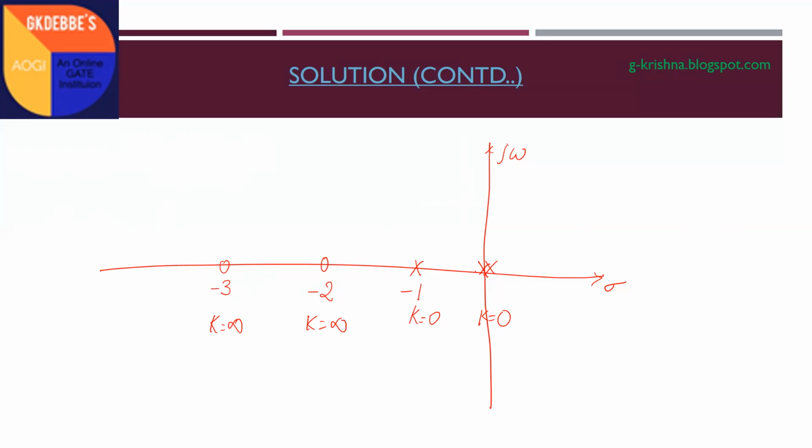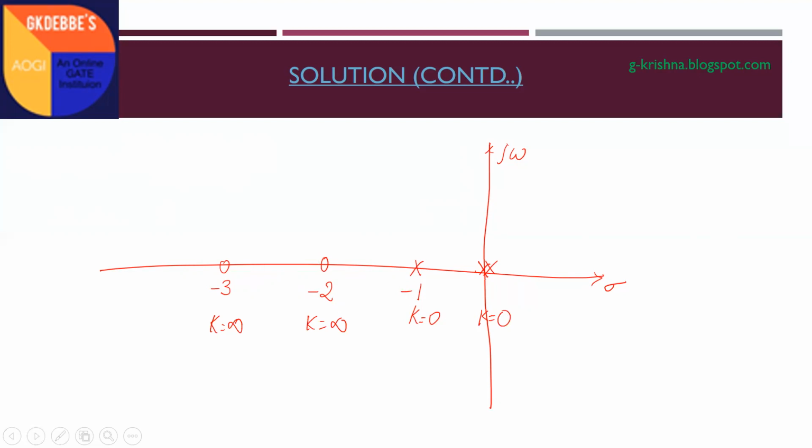That is what we call the asymptotic angle also. Now, where does the root locus lie on the real axis? If you select any point between 0 and -1, on the right hand side the number of open loop poles and zeros is an even multiple. That's why the root locus does not exist there. If you select any point between -1 and -2, on the right hand side the number of open loop poles and zeros is 3, an odd multiple.